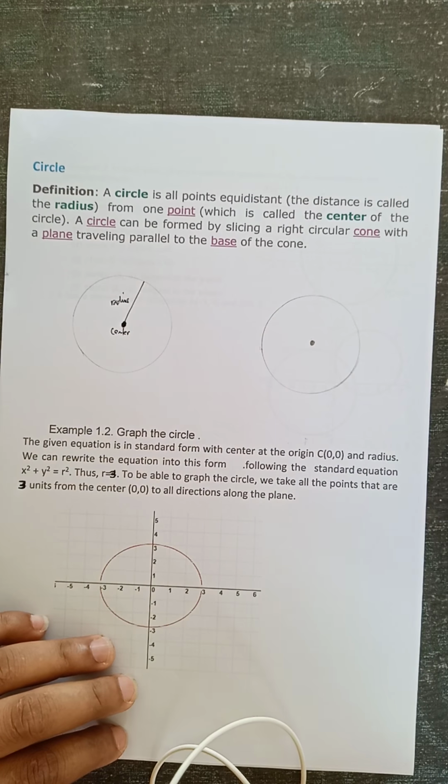A circle can be formed by slicing a right circular cone with a plane traveling parallel to the base of the cone.